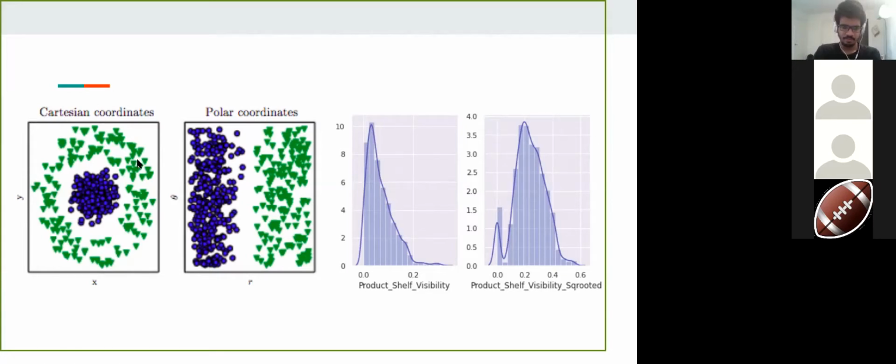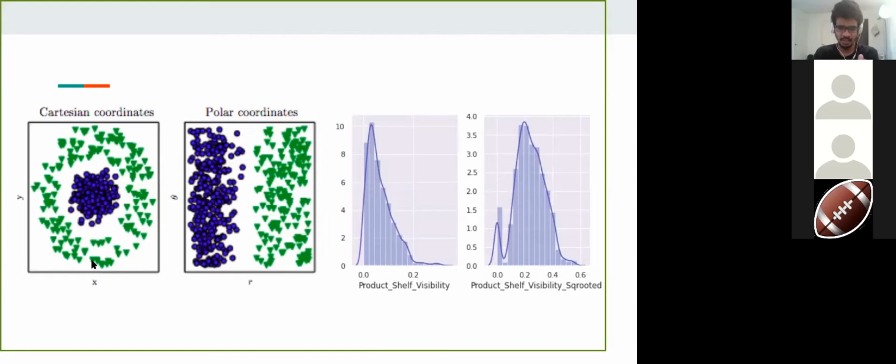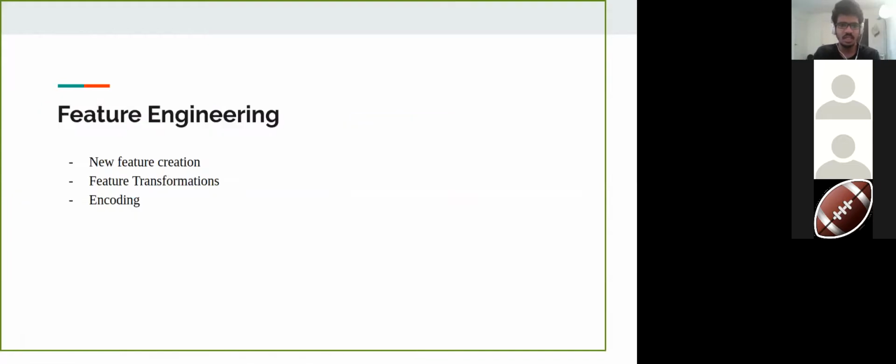If we plot our data in Cartesian coordinates, and the distribution is such that polar coordinates would make it better, as we can see here, we have transformed the coordinates from x and y to polar coordinates, right? So that is feature transformation.